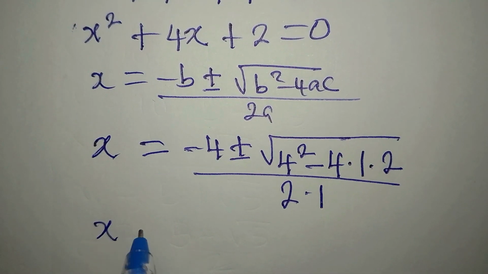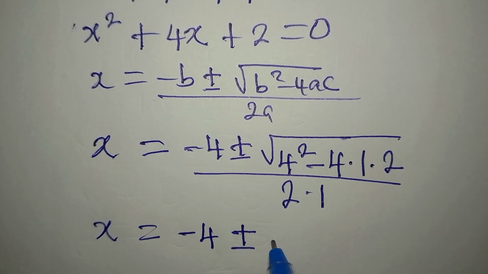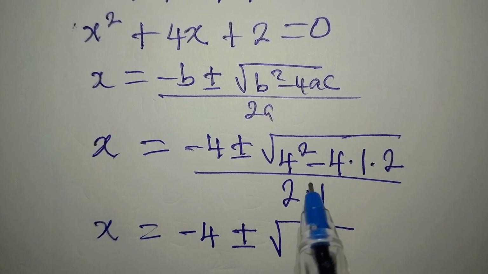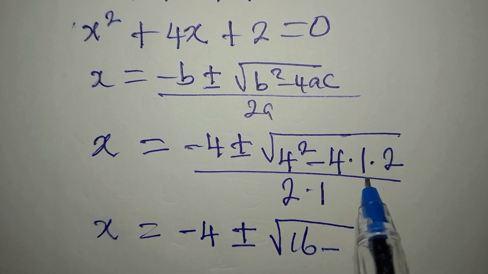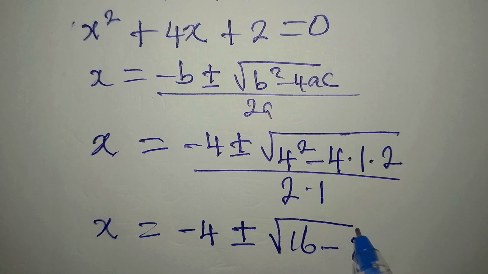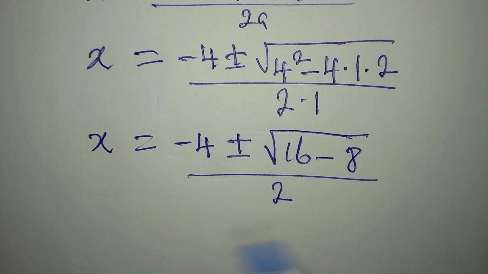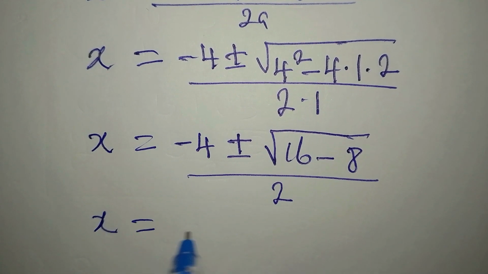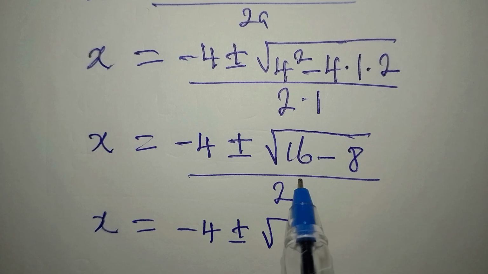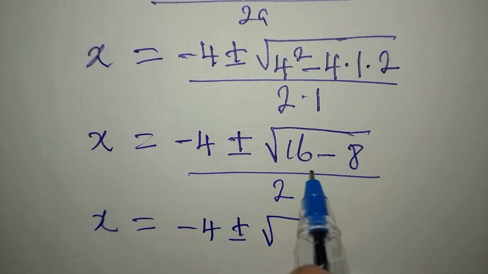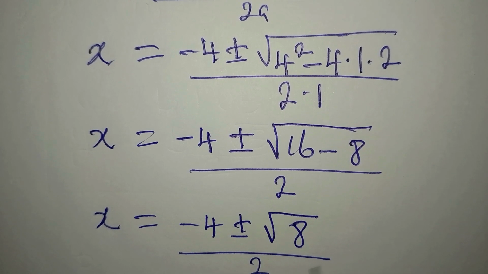So that our x is equal to -4 ± √(4 squared is 16, minus 4 times 1 times 2 is 8), and we divide this by 2. If we go ahead, then x will be equal to -4 ± √(16 minus 8 is 8), divided by 2.